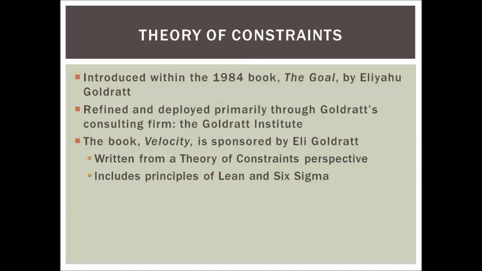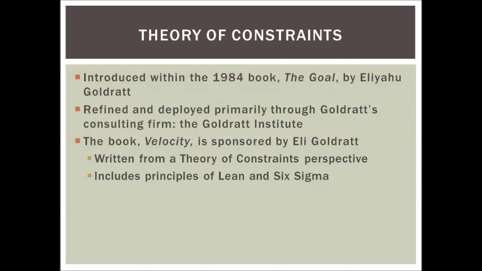In the 80s and 90s, this theory of constraints was also becoming popular, and a consulting group, the Goldratt Institute, was promoting the theory of constraints to improve businesses, and a lot of businesses went that route as well. I will also tell you, in this class, we are blending Lean, Six Sigma, and the theory of constraints.